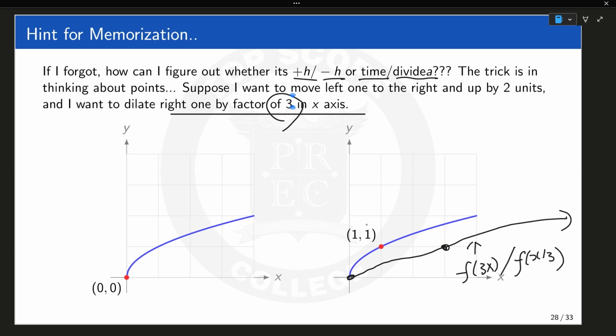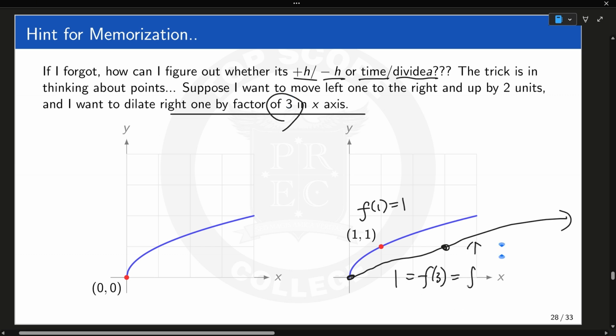The meaning of this (1, 1) is really saying that f(1) is 1. And by dilating, we want f(3) in the transformed function to be equal to f(1) in the original.